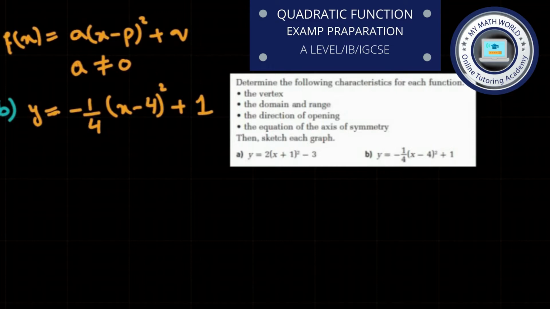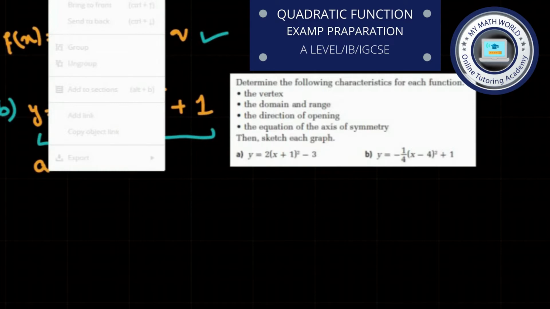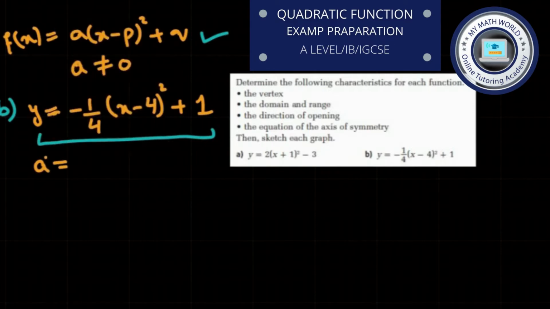Okay, so let's remove this circle and do the comparison of this equation with the standard form, as you can see it is written on the top. So we can say that a is equal to minus 1 over 4, right? And p is equal, both the signs are same.